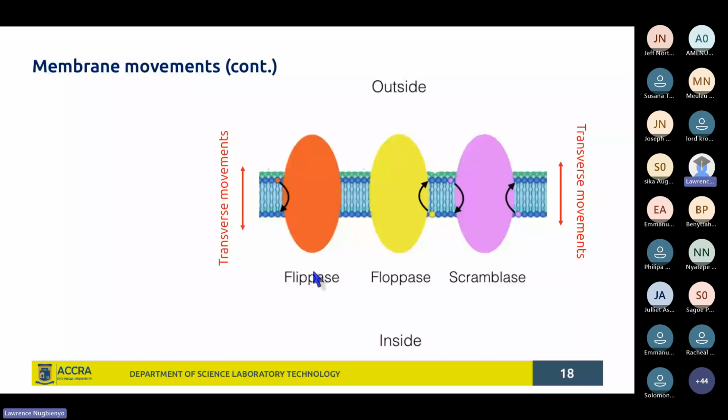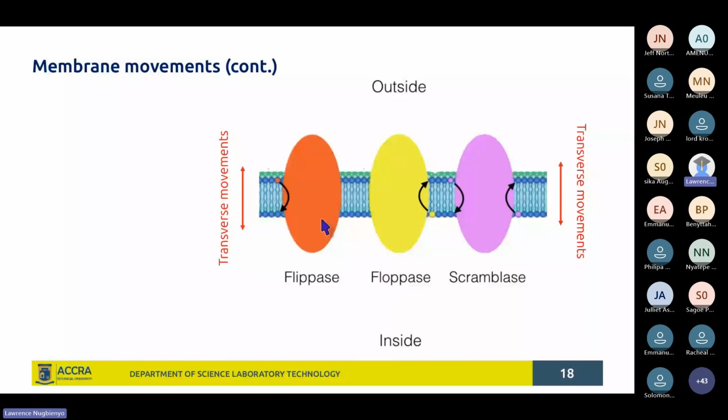And remember that this is occurring with the expense of energy in the form of ATP. So that is an ATP dependent movement. So you have the movement of phospholipid from an outer layer to the inner layer, and that is catalyzed by the enzyme flipase with the use of energy in the form of ATP.